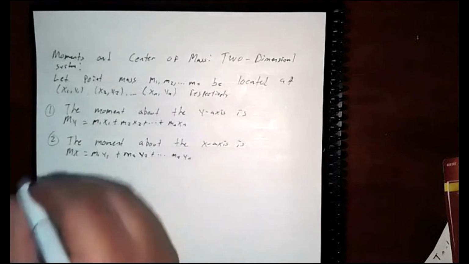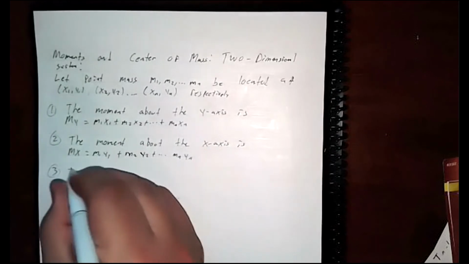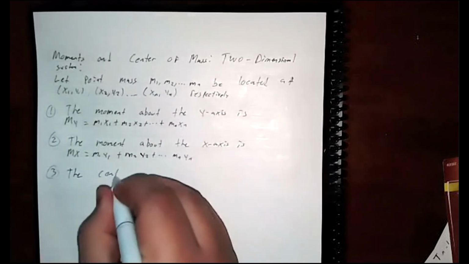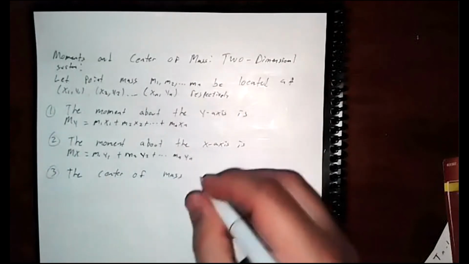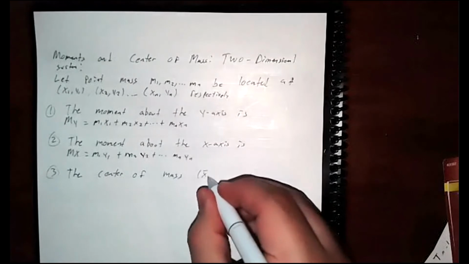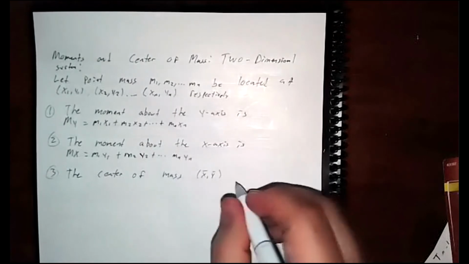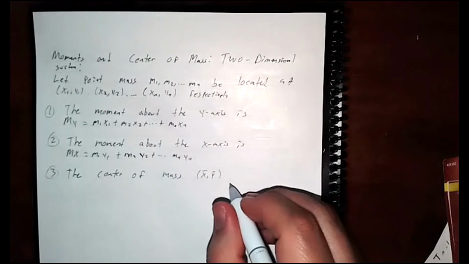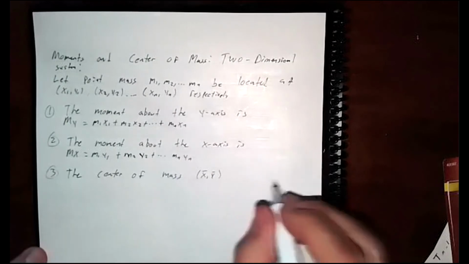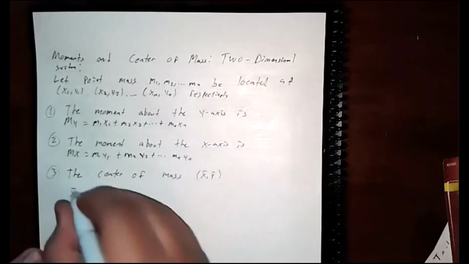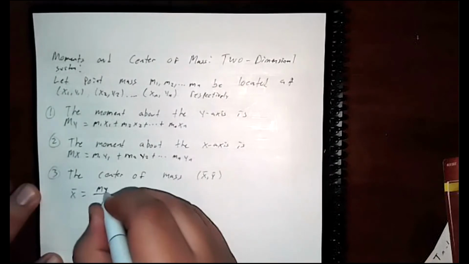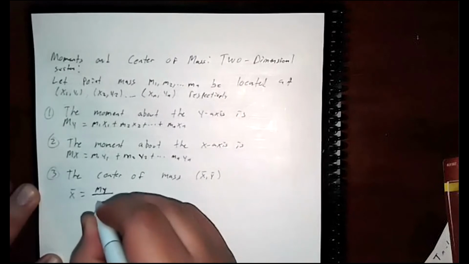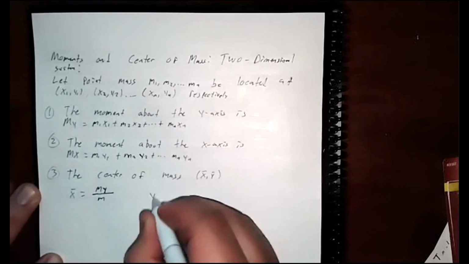Okay, number 3. The center of mass will be x bar, y bar, and x bar is defined as the capital My over the total mass of the object.